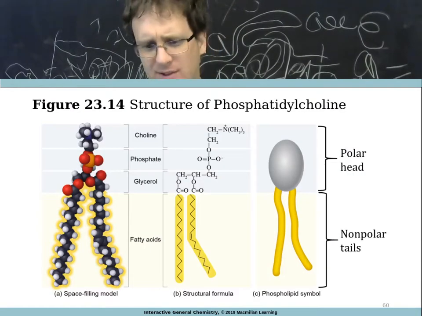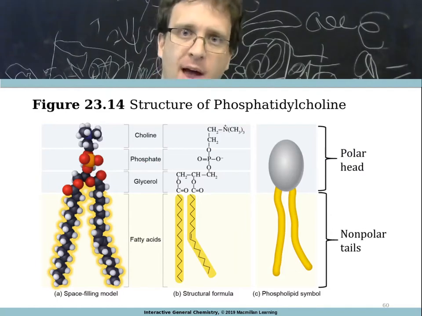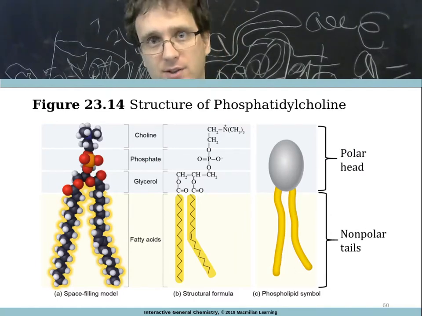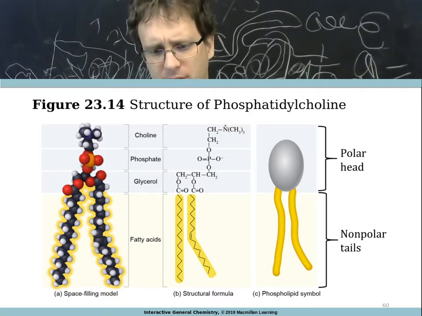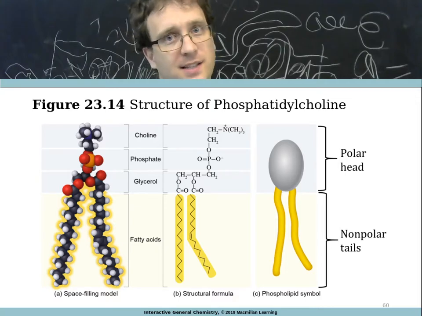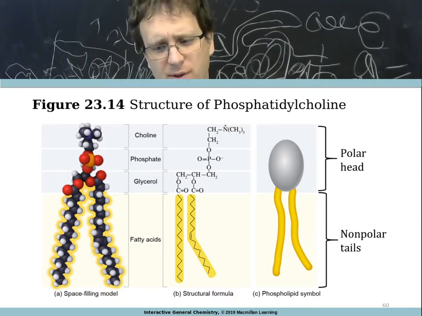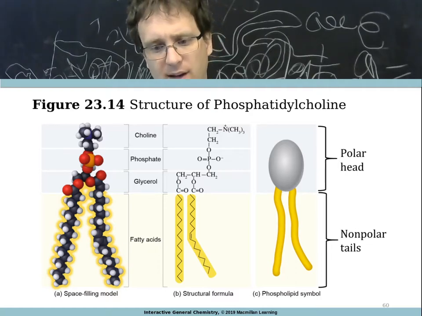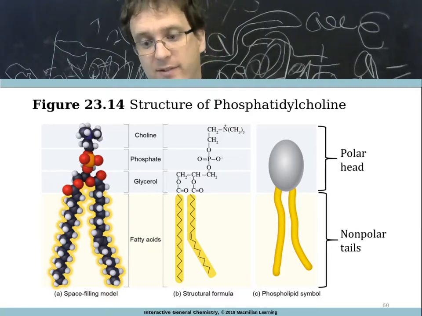Now, we also have phospholipids, and phospholipids are actually really close cousins to triglycerides. If you look here, you've got the glycerol, you've got two fatty acid tails, just like a triglyceride, but the third position, instead of forming an ester bond to another fatty acid, has an organic phosphate.